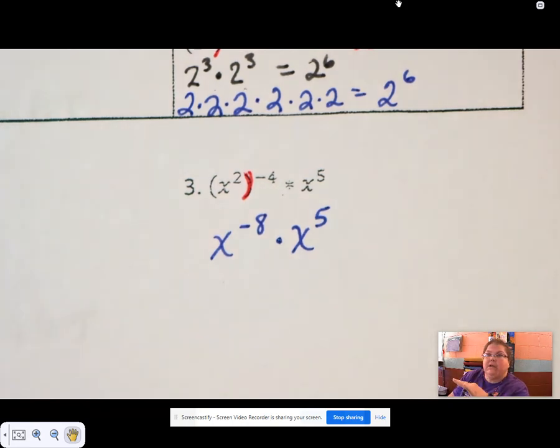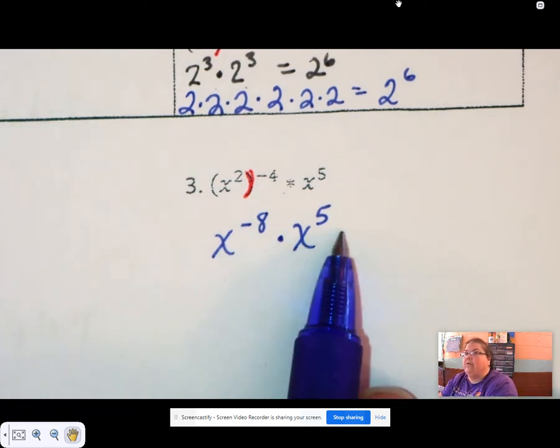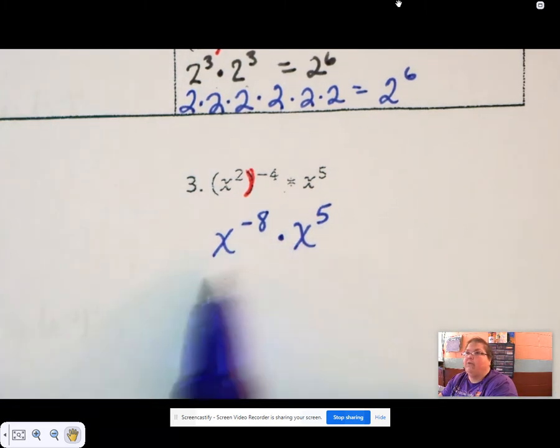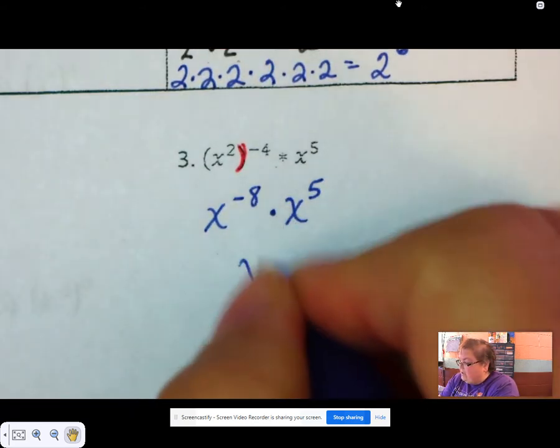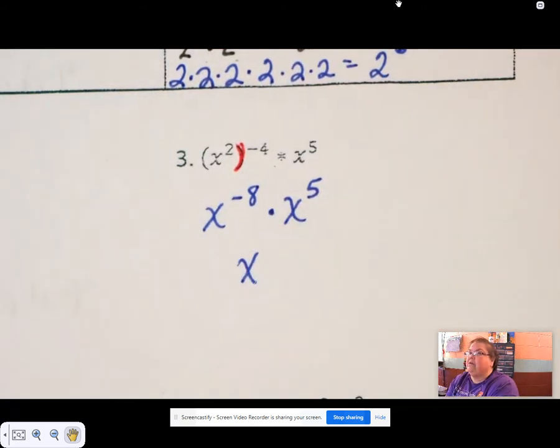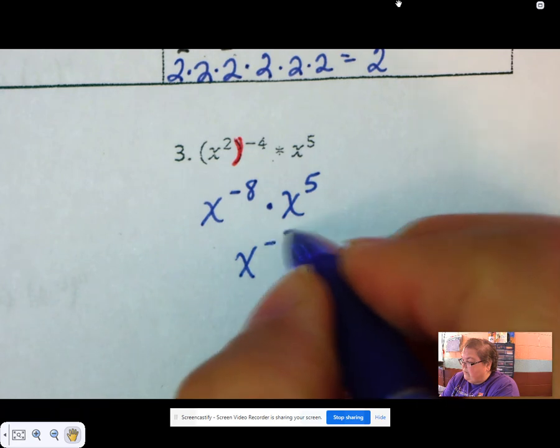So we just bring it down. What do we do with these exponents now? Are they the same base? Yes. Same base. What do you do with the exponents? Add them. What is negative 8 plus 5? Negative 3.